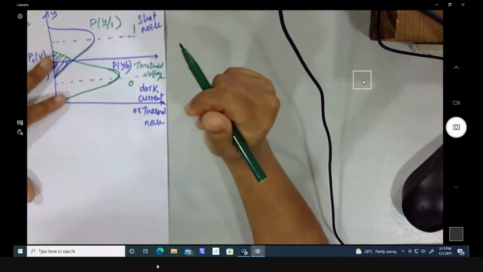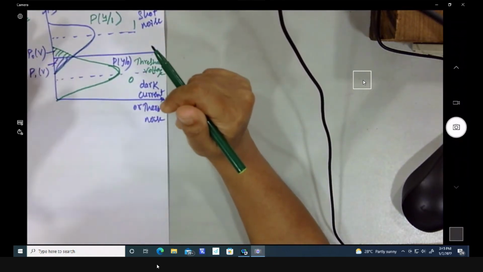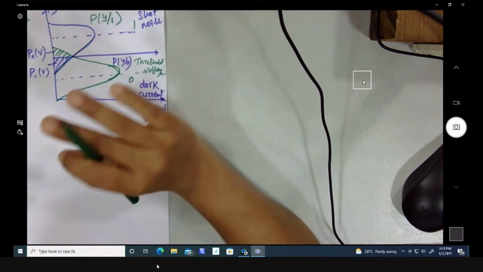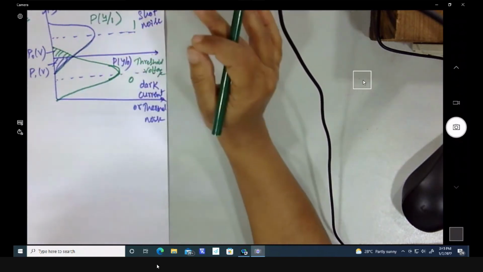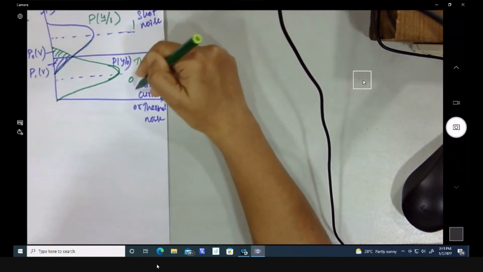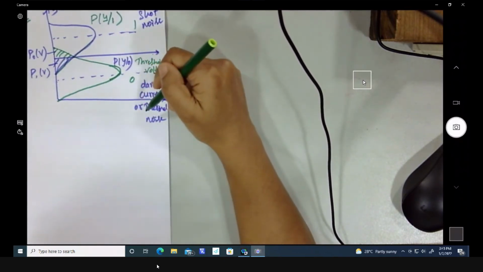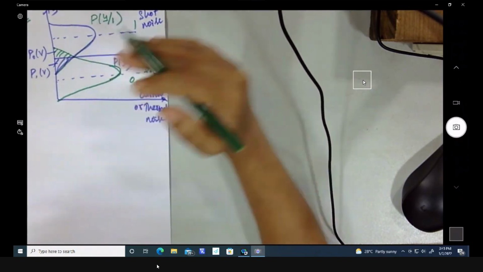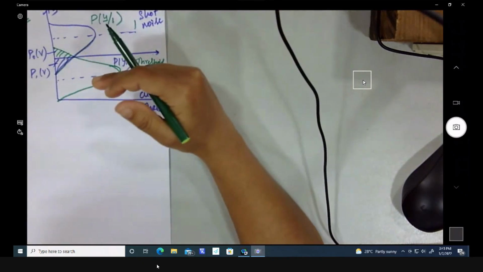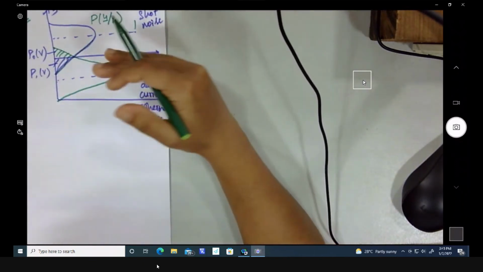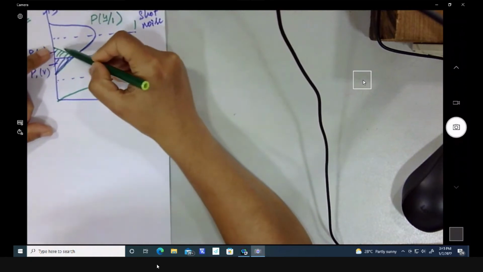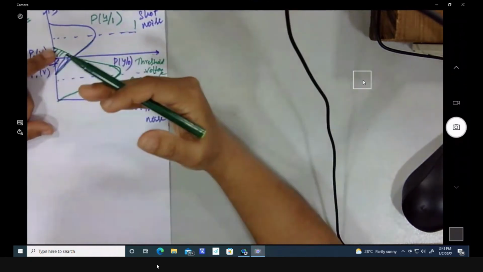You know that we are transmitting 0 bit. When we are transmitting 0 bit, there is no optical signal, nothing, it is 0. But because of some ambient light or some thermal variations, there will be some current generation. When the current generation happens, that might be detected as 1. That one we call noise.